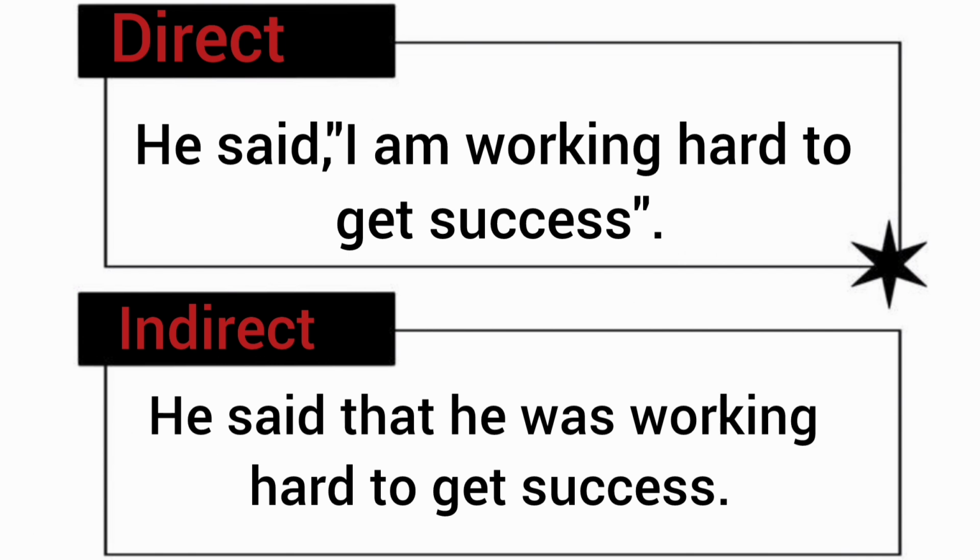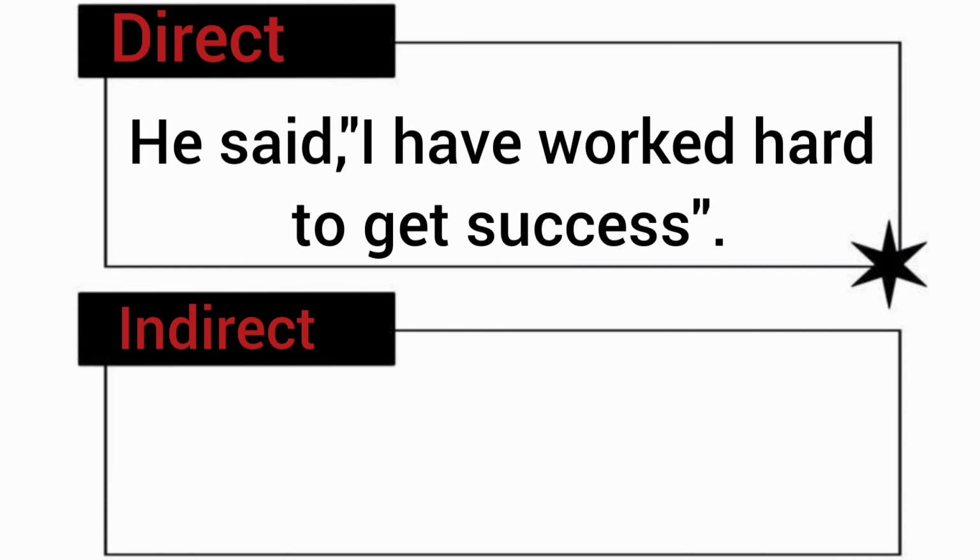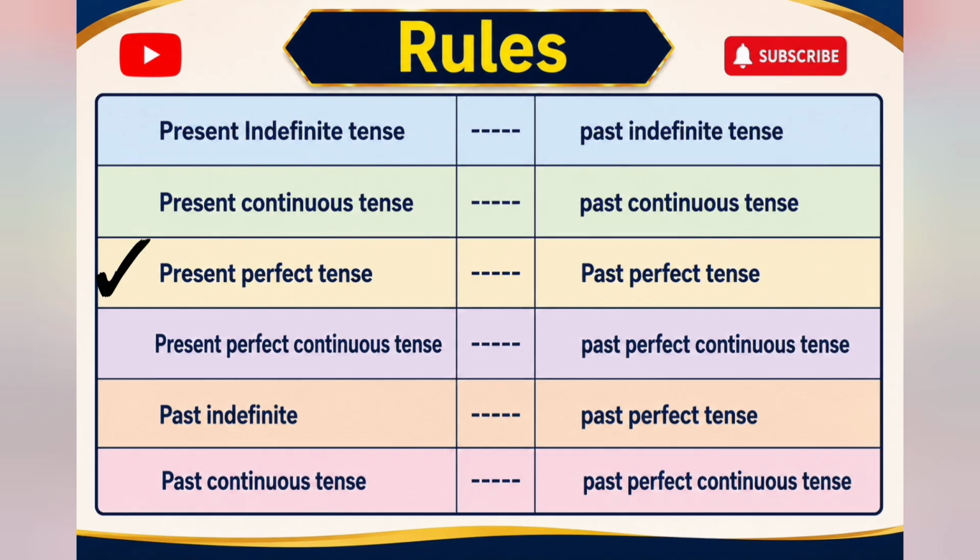Then next I have an example, that is, he said, I have worked hard to get success. Now change it into indirect narration. Reporting speech is in past tense, reported speech is in present perfect tense. We have to change this present perfect tense into past perfect tense after opening the punctuation marks.